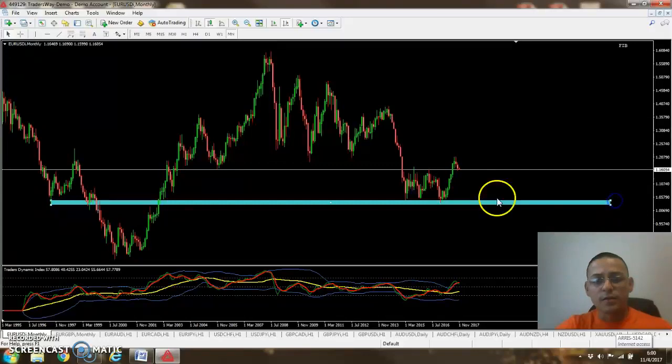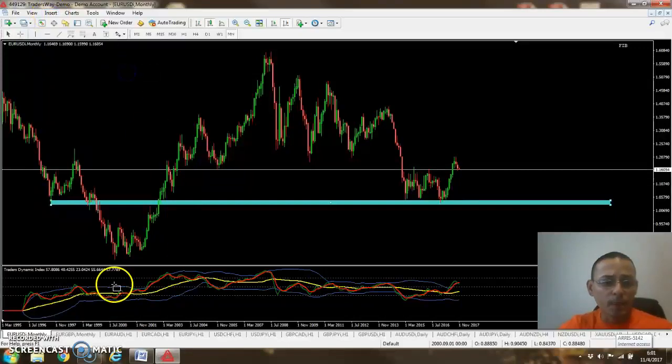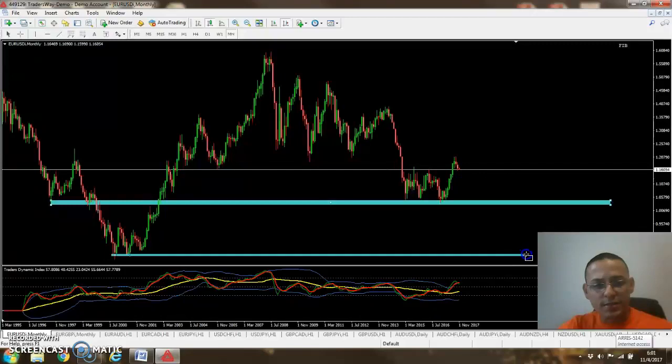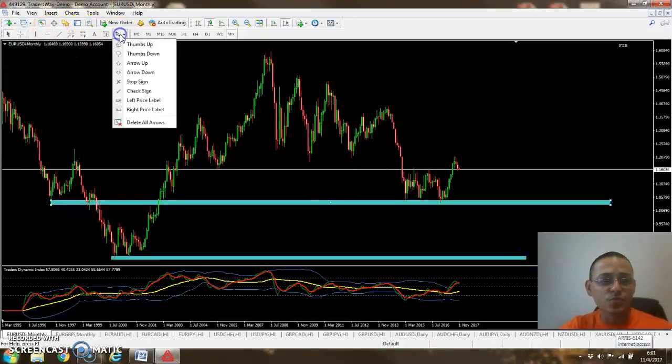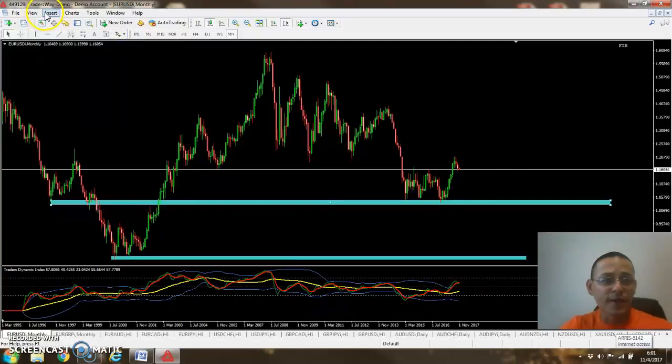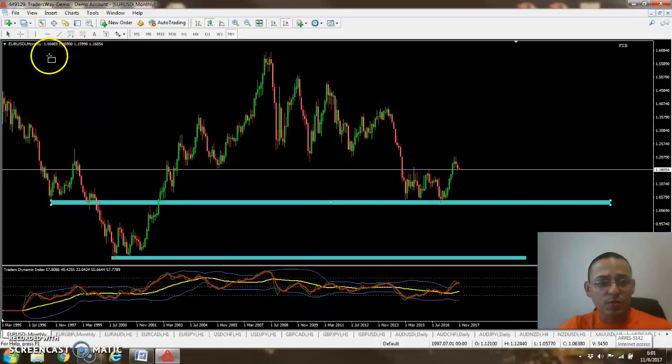There you go. That's my support zone for that area. And of course, we'll make some more. You want to plot the highest and lowest areas this currency has reached in the past several years. Like I said, this is the monthly time frame, so this will take some time.